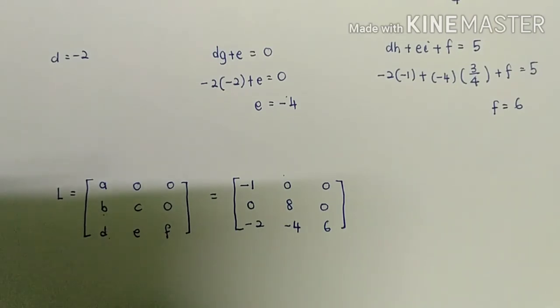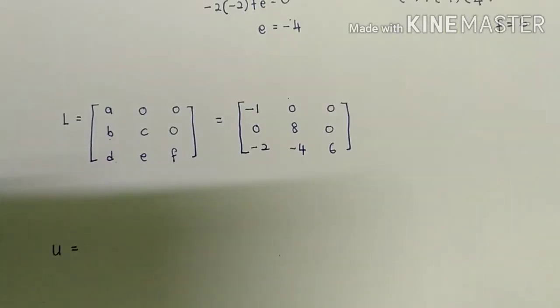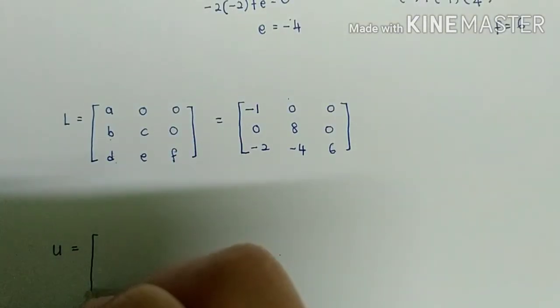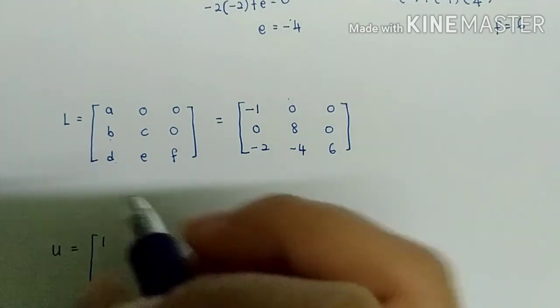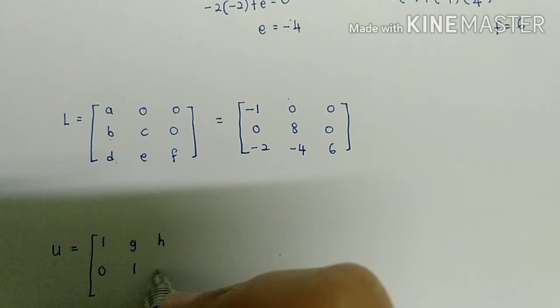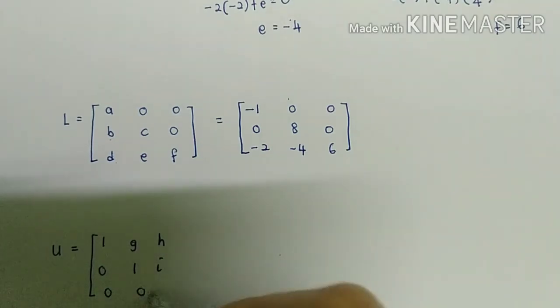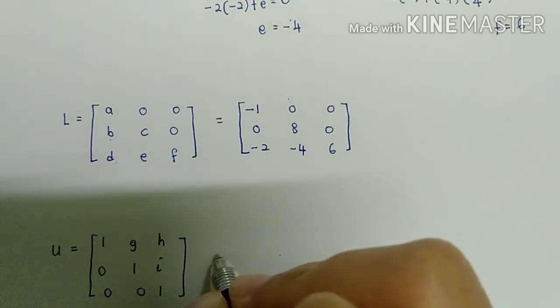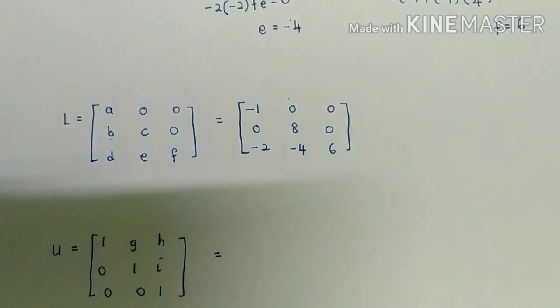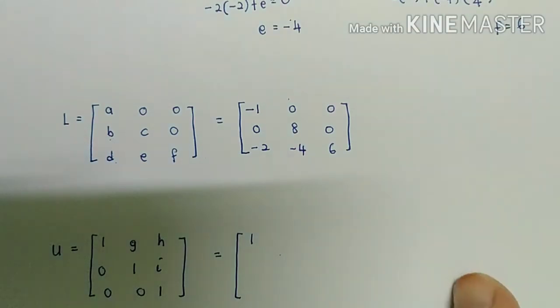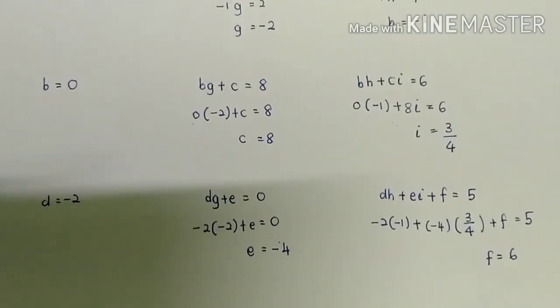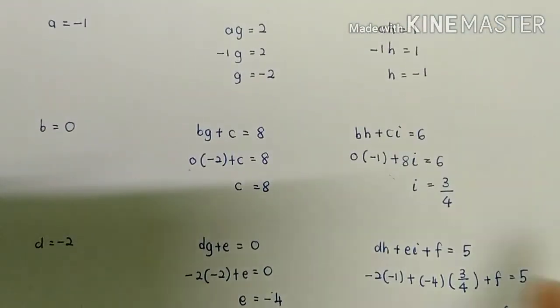And matrix U. The general formula is 1GH, 01I and 001. So we substitute value of G, H and I. So we have 1. G is negative 2, H negative 1.